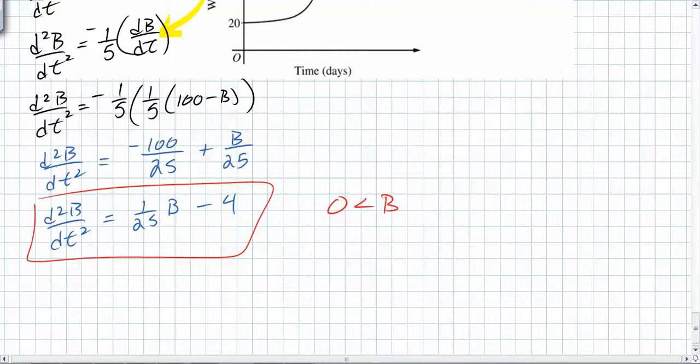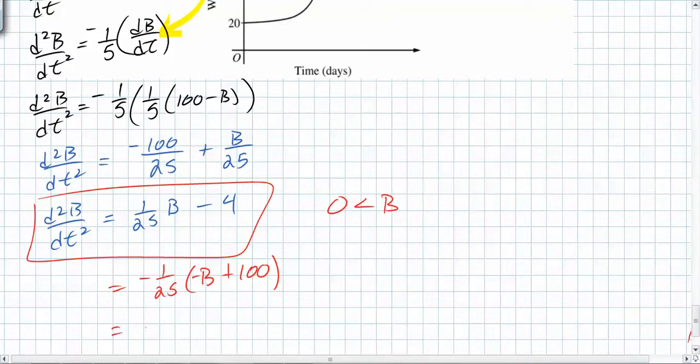Yes. So another way to think about this is we could factor out negative 1/25. If we factor that out, it turns into B minus what? 100? Is that right? Negative B plus 100? Yeah, correct.